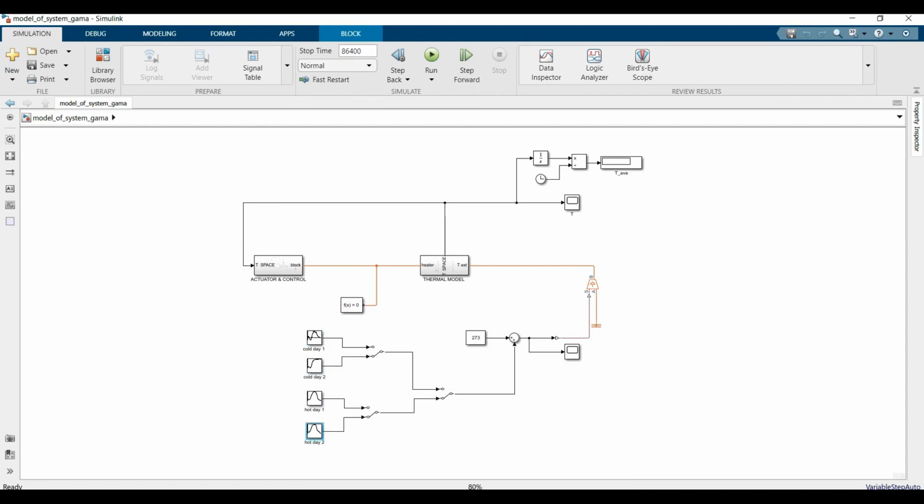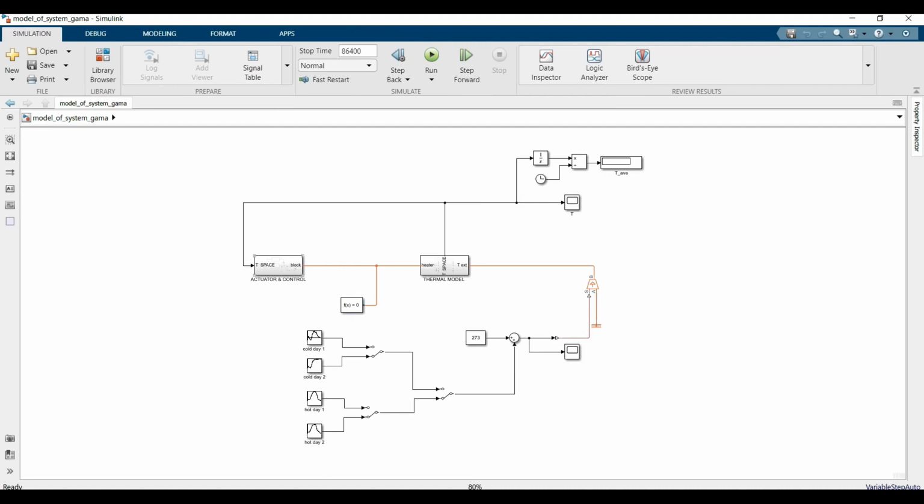We have 4 days, 12 of them for a cold day and 12 of them for a hot day. To use the signal, we must use the simulink to physical converter. To solve and run, we must use a solver configuration.